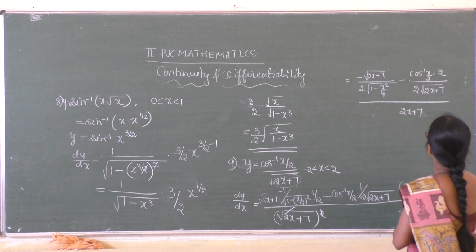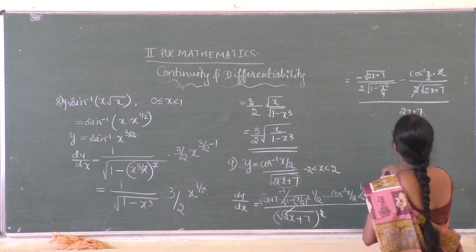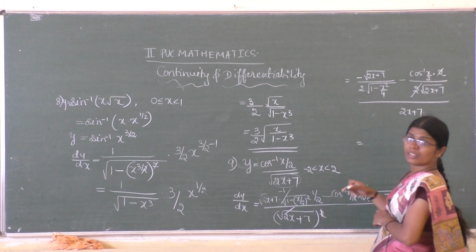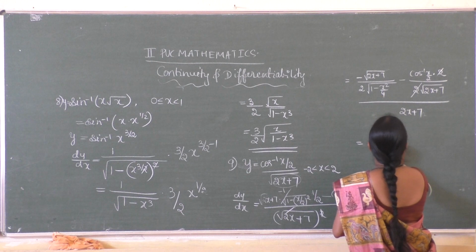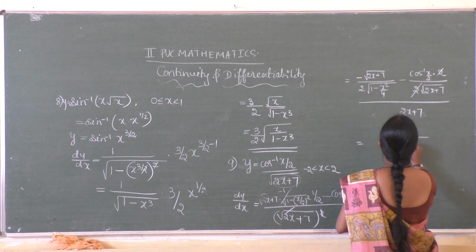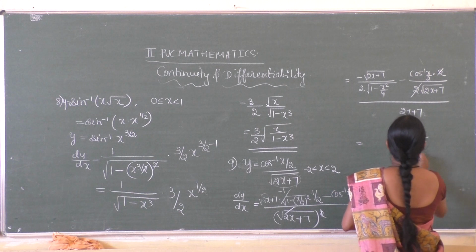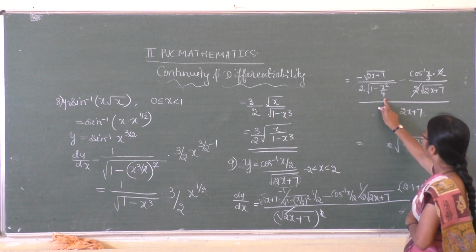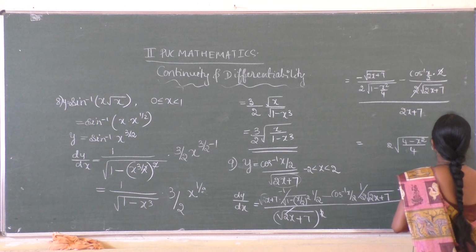So this is how we write the next step. Then this 2 and this 2 cancel. Here you just take the LCM, that is 2 into root of 1 minus x square by 4. You can write this as 4 minus x square by 4, that is root of 4 minus x square by 4 into root 2x plus 7.